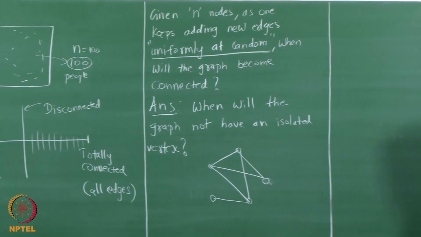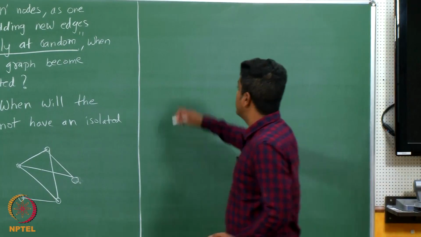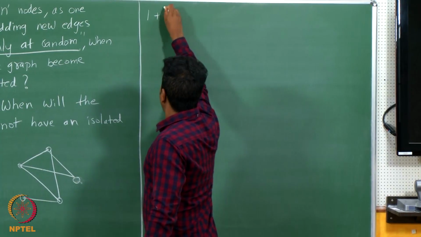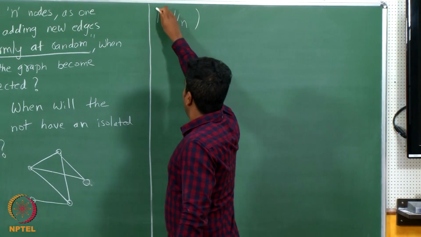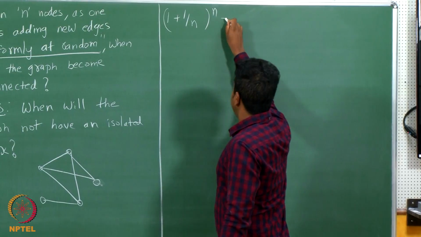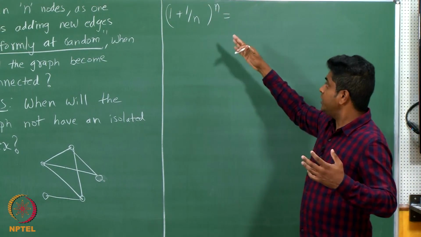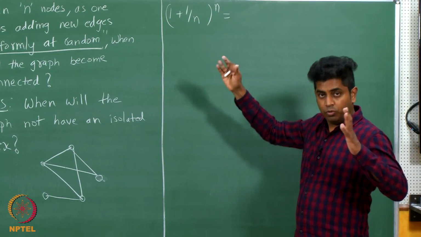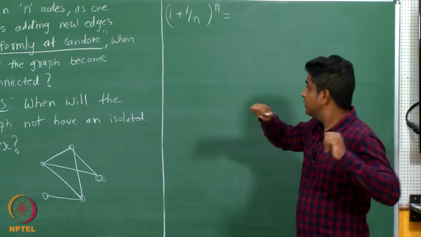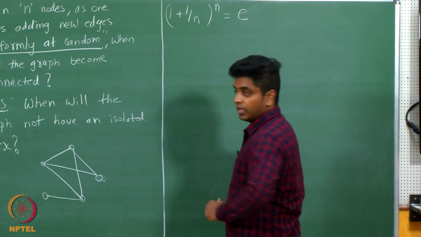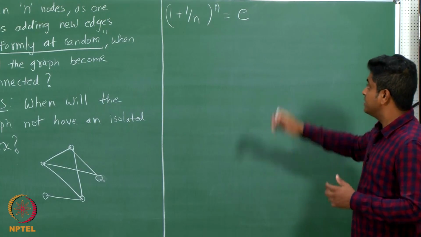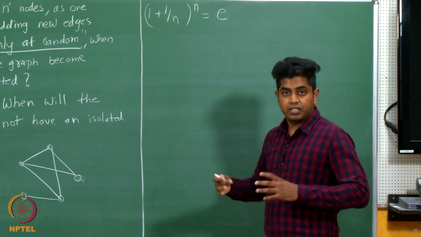So we all have seen this result which says (1 + 1/n)^n, as n becomes bigger and bigger, this quantity is between 2 and 3. This is called e, we all have seen this, it is some basic calculus, limits basically.